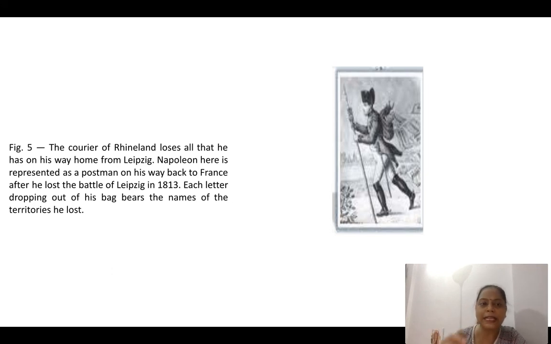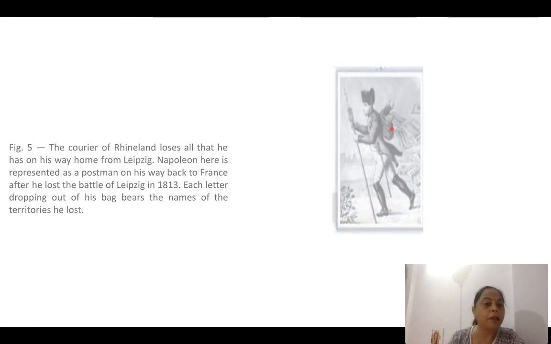It is said in the picture, the courier of Rhineland loses all that he has on his way home from Leipzig. Napoleon here is represented as a postman on his way back to France after he lost the Battle of Leipzig in 1813. Each letter dropping out of his bag bears the names of the territories he lost.